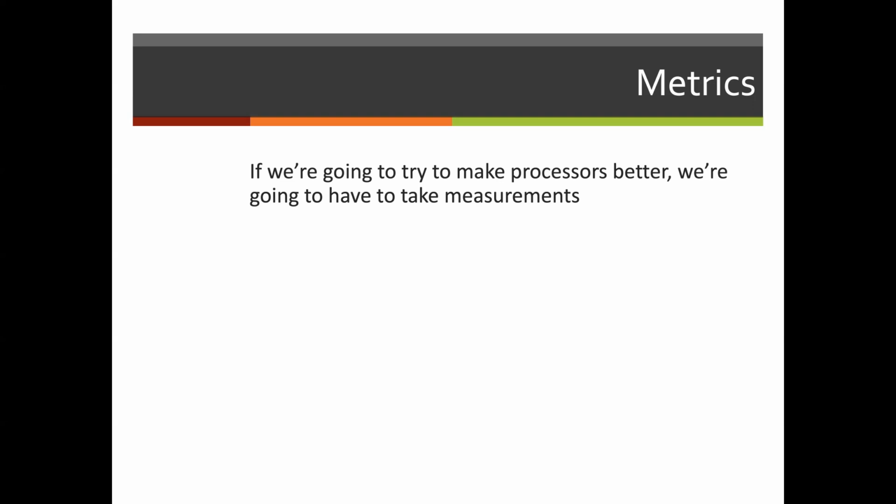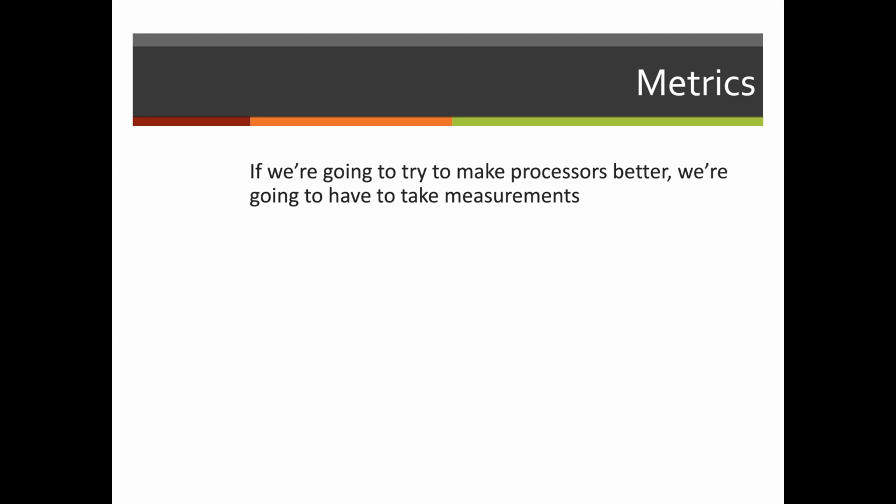And so we can consider using appropriate metrics initially. You want to keep in mind that if we're going to try to make processors better, incrementally improve the performance, then we need appropriate attributes that can be utilized in order to quantify that performance.